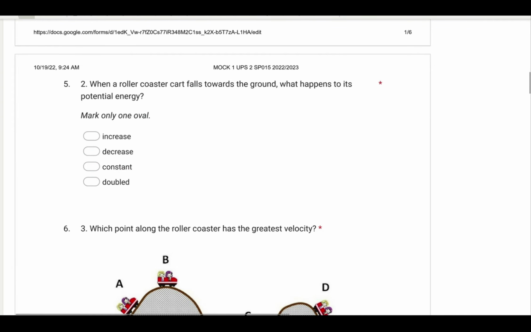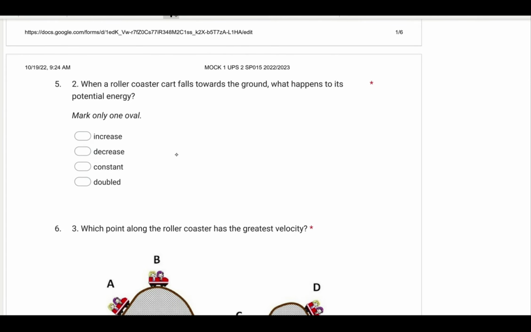When a roller coaster cart falls towards the ground, what happens to its potential energy? So remember, when the object is at highest position, let's say at this position, when H is maximum, means that the gravitational potential energy should be maximum.